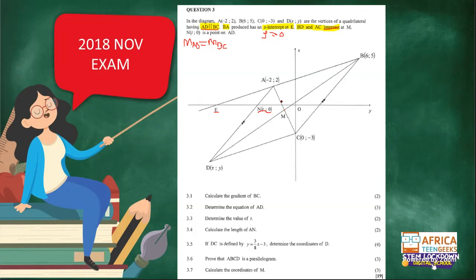No. Remember, a point of intersection is not our midpoint. Point of intersection simply means they are meeting or crossing at that point. Yes, so we can equate, so we can say y of BD equals y of AC.